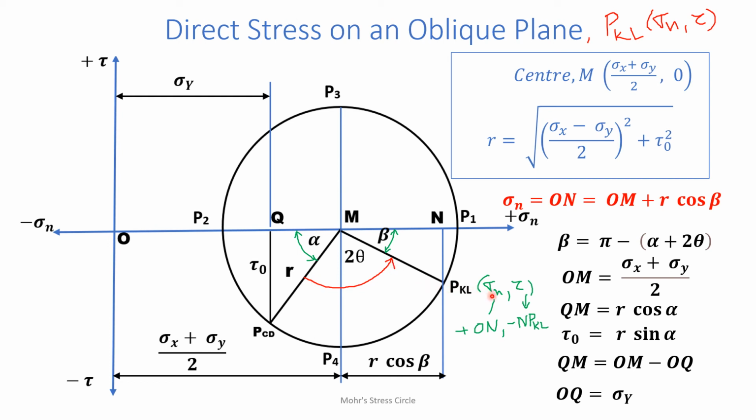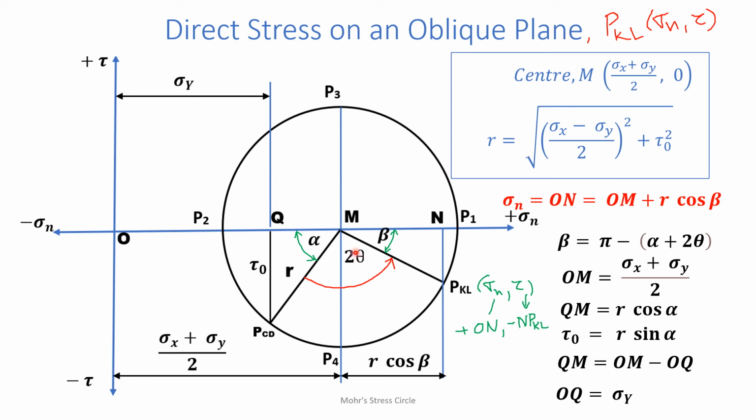So sigma n, the coordinate along the sigma n axis, is this ON, positive, and along the tau axis it is this NPKL, negative, downwards is negative, minus NPKL. So sigma n is ON. From the figure, ON is OM plus MN.